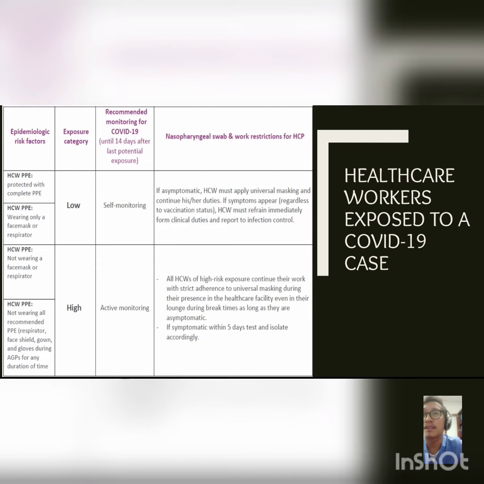When we talk about active monitoring, this is a regular communication with potentially exposed people to assess for the presence of fever or respiratory symptoms. Now, all healthcare workers of high-risk exposure can continue their work with strict adherence to universal masking during their presence in the healthcare facility, even in their lounge during break times, as long as they are asymptomatic. If symptomatic within 5 days, test and isolate accordingly.